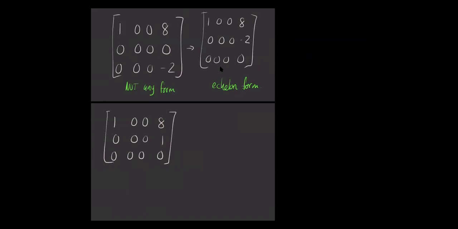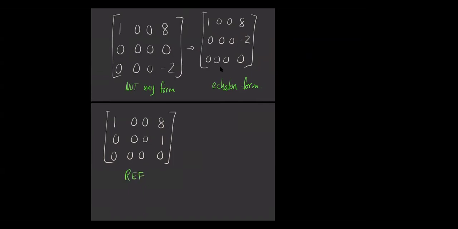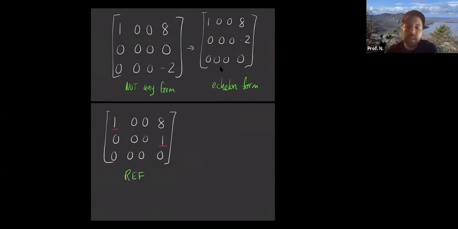Row echelon? It's row echelon form. Okay. Why? Leading 1, leading 1. And what happens above the leading 1? Hey, I have an 8 above one of them. So it's not row reduced echelon form. It's right before it. And then when you get rid of that 8, this is my row reduced echelon form.